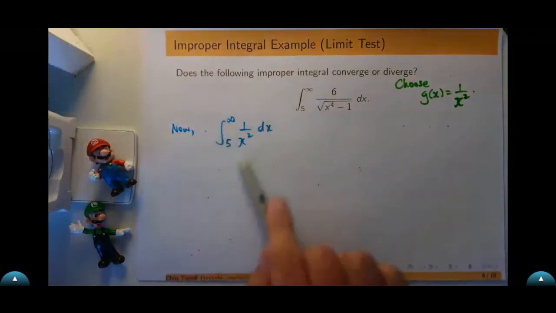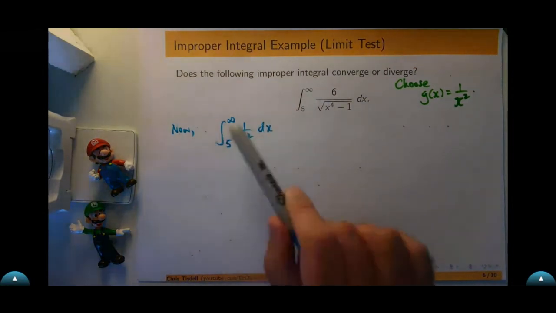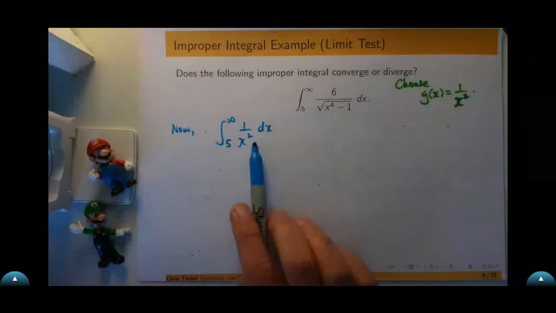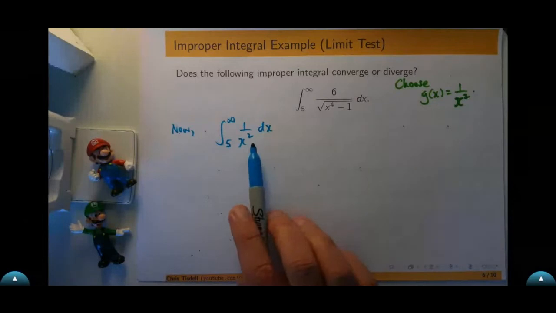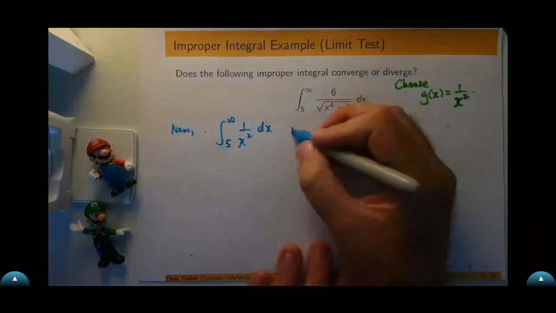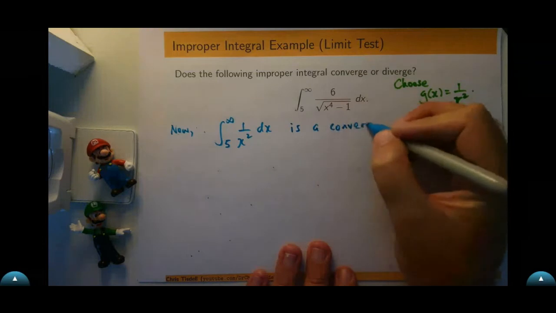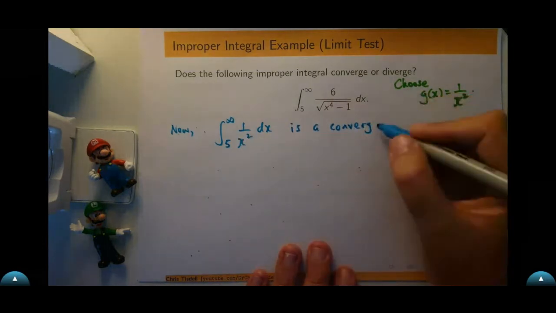So does this new integral converge or diverge? Who can tell me in the chat? Does this converge or diverge? Yes, Nicholas and Eloisa. It's a convergent P integral because the value of the power is greater than 1.